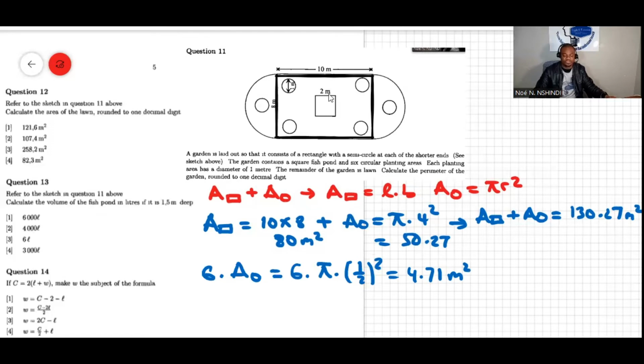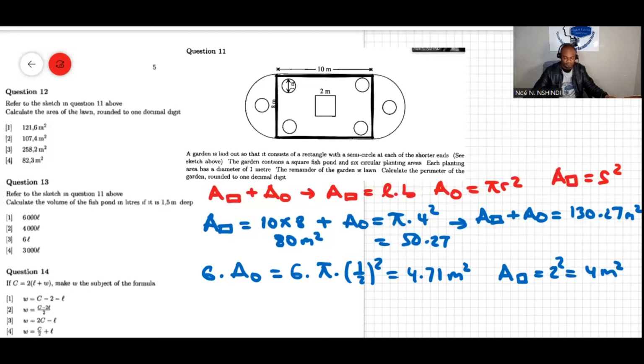So the area of the square here, this side is 2 meters. You know that the area of the square is equal to s squared, side to the power of 2. So the area of the square here will be equal to 2 squared, which is equal to 4 meters squared.